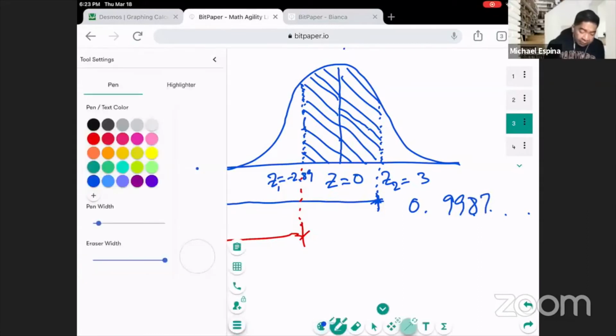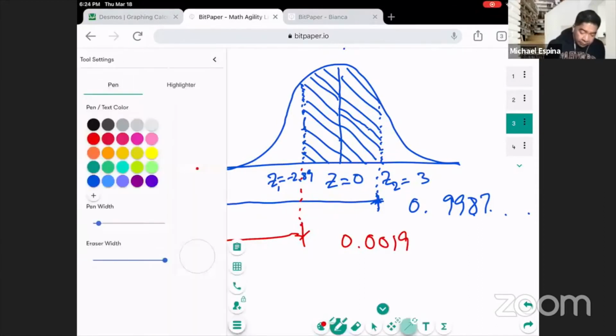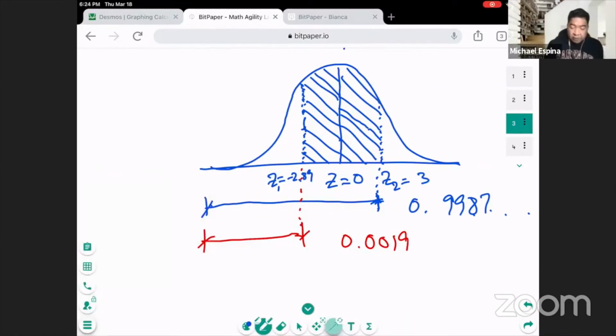And the red part, for Z sub 1, which is negative 2.89, is 0.0019. To solve the area in the middle, we need to get the difference of these two areas, right?